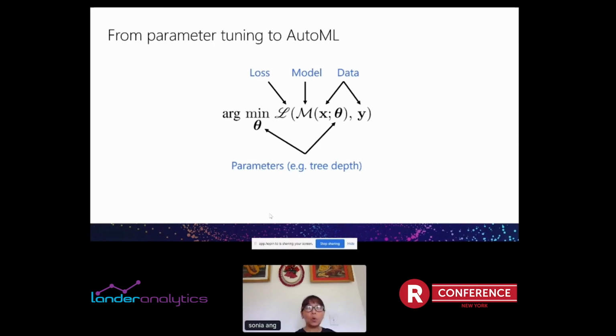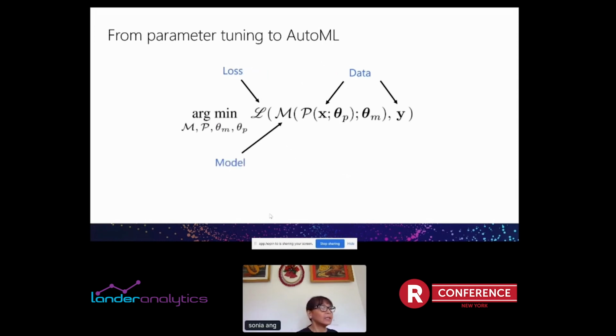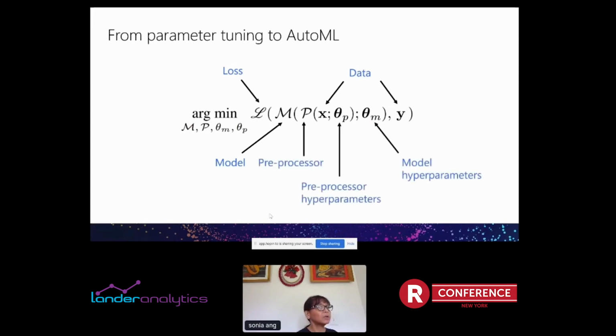So this is the old way, right? Now, if we added automated machine learning, the equation changes in that now AutoML has to figure out the best model, what is the best model, and aside from that, also figure out the choices of pre-processing transformations. So the dimensionality of the options space here grows rapidly.